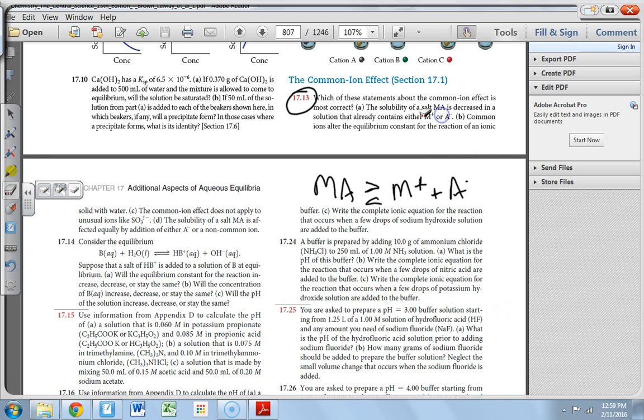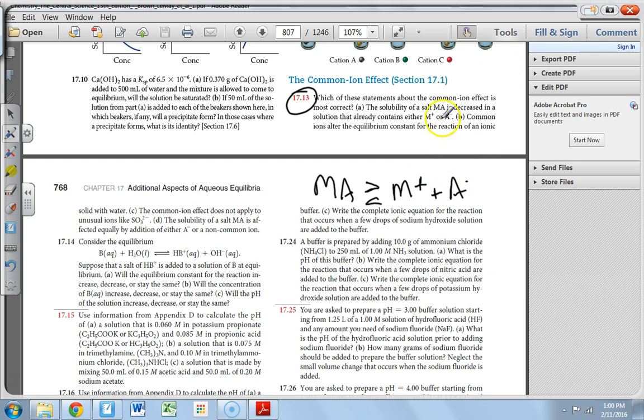So solubility means that if it's going to decrease, you're going to have less of it in the solution here. Before I get too far ahead of myself, we're going to spend a little time and go over each question.